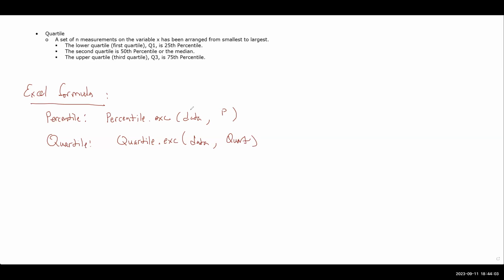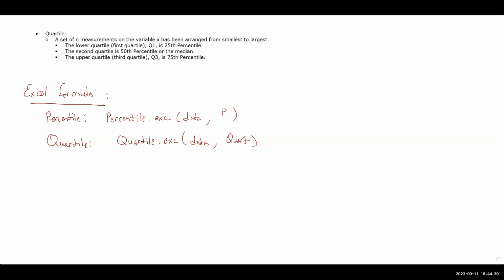If you use these formulas, you get the value associated with a specific percentile. For percentile, it's percentile.exc: put in the data, comma, and what percentile are you looking for? If you put in 55% or 0.55, you would get the value at the 55th percentile.